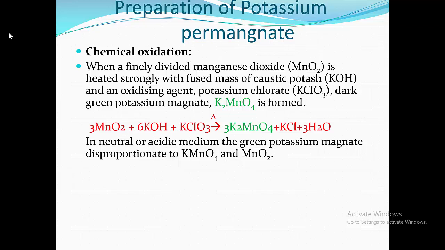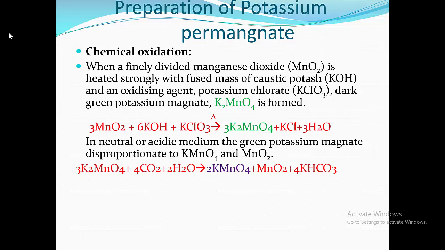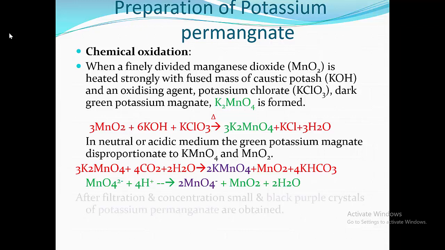The reaction is 3K2MnO4 + 4CO2 + 2H2O gives 2KMnO4 + MnO2 + 4KHCO3. Here potassium manganate is converted into potassium permanganate. The ionic reaction is 3MnO4 2- + 4H+ gives 2MnO4- + MnO2 + 2H2O.